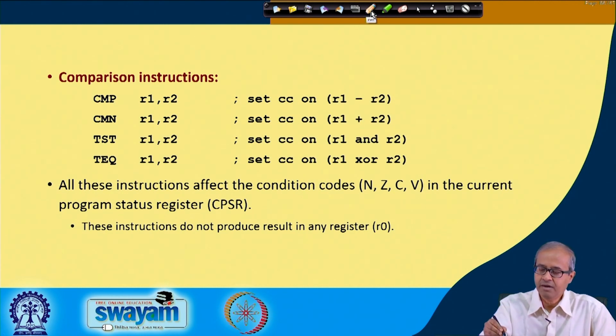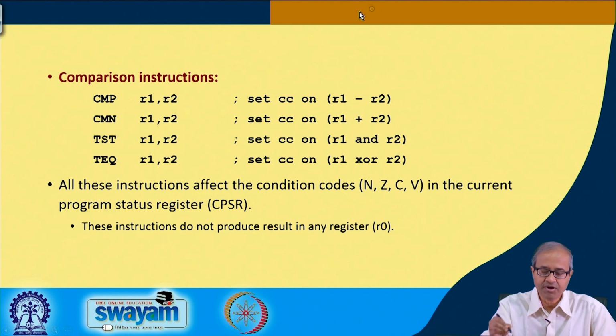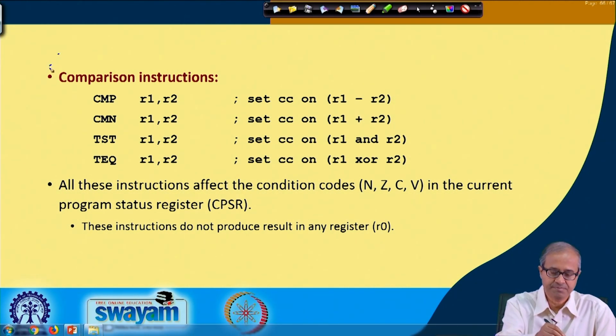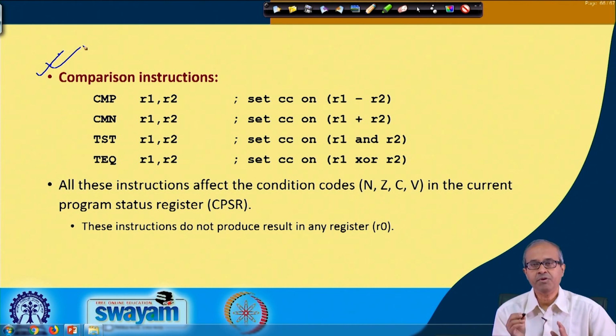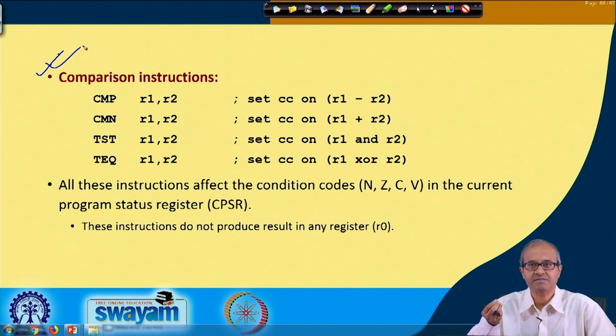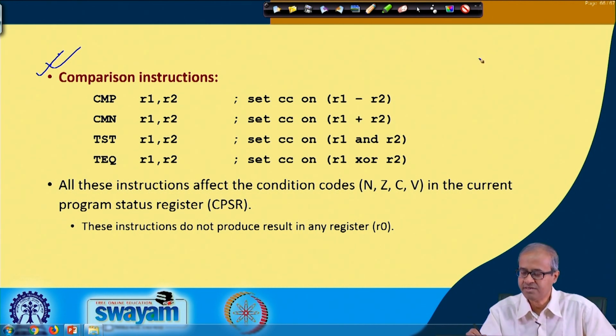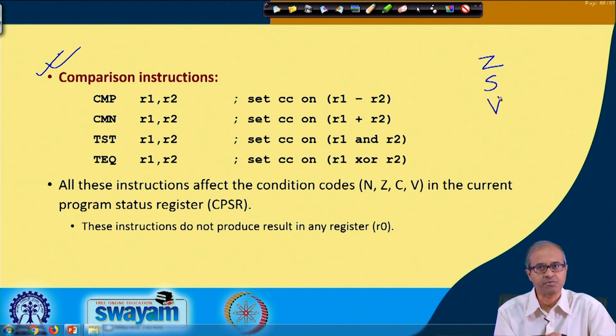Now, there are a variety of compare instructions. You recall in the current and saved program status words that we discussed in our previous lectures, there are some condition flags. You recall there were a zero flag, a sign flag, an overflow flag and so on.